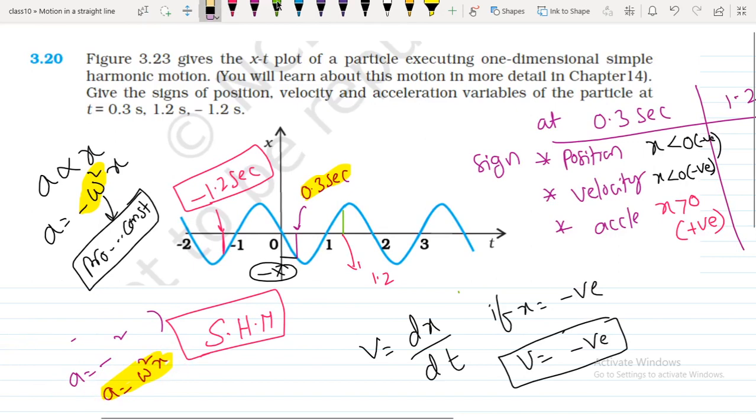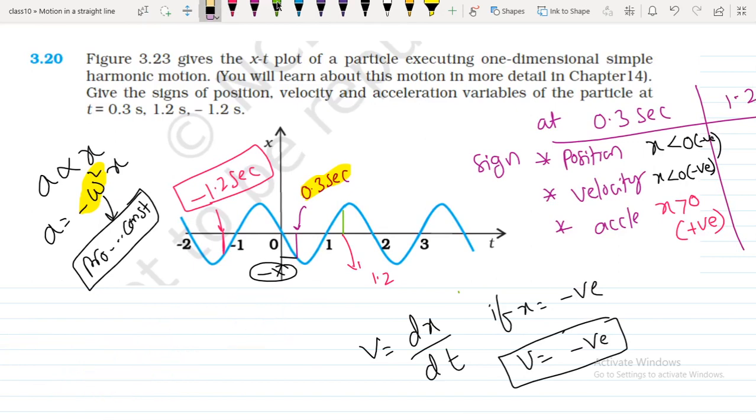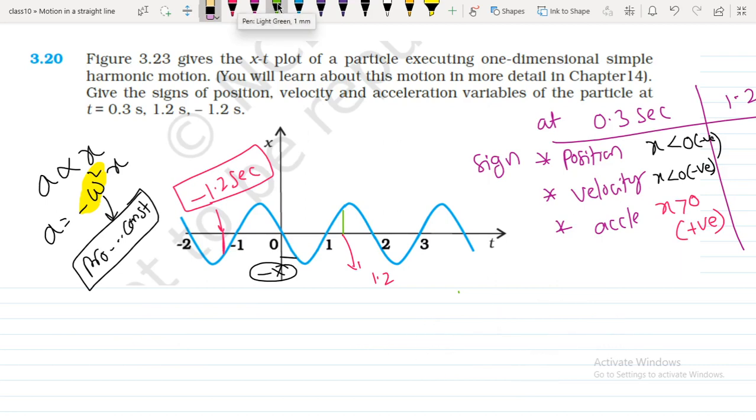Now coming to the next, at 1.2 seconds. Let me clear this so it can be done easily. This is the situation at 1.2 seconds. What about the position? The position here is x equal to positive.